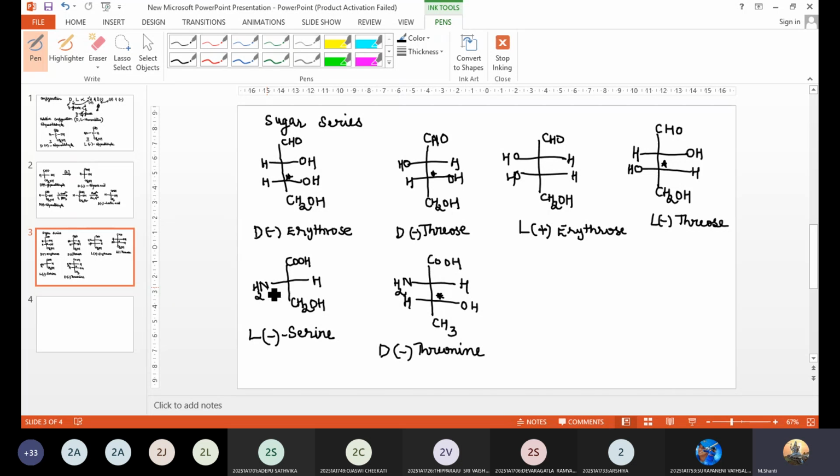Some more molecules, and draw some more structures, you can copy them. What is the name of this acid?